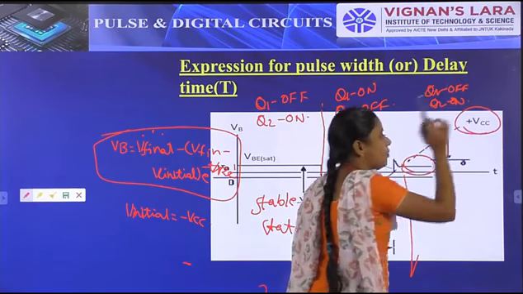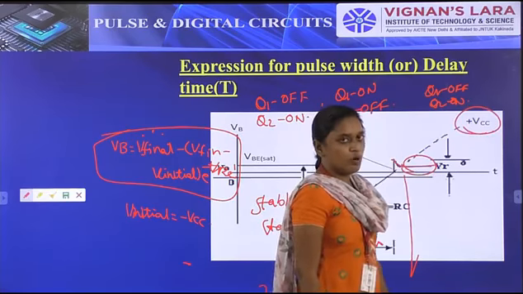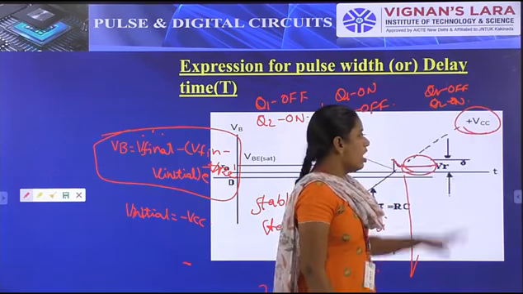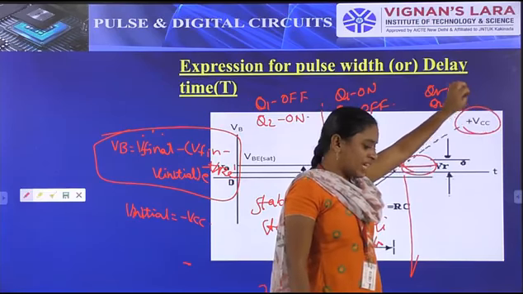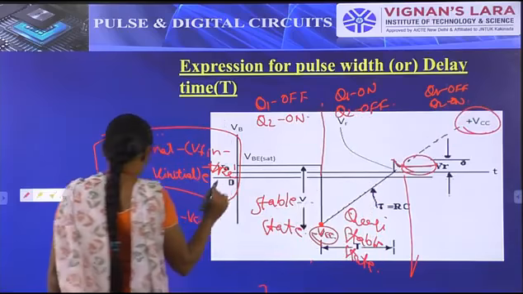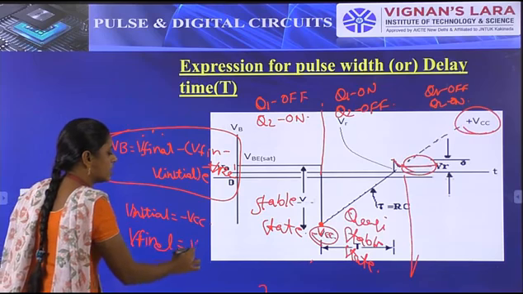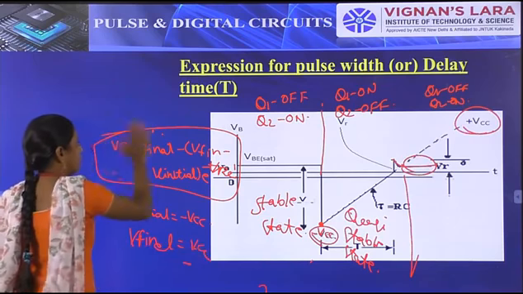When it reaches VB sat, Q1 goes to off condition and Q2 goes to on condition. But we take the V final value to be VCC. Substitute these values in the equation and we get the pulse width.